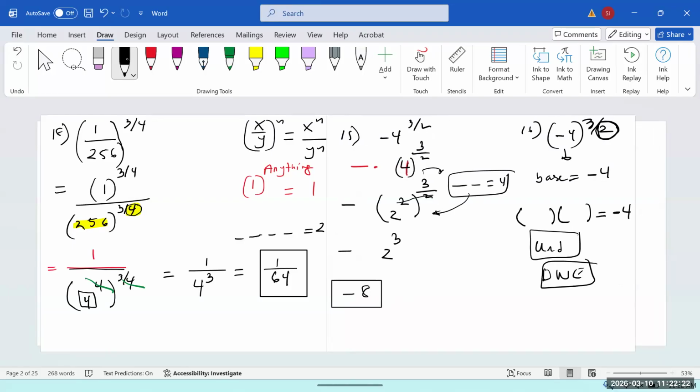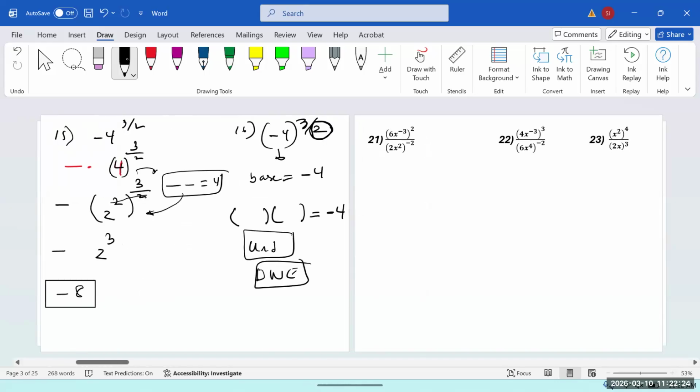Then we have this type of question where we have multiple powers, multiple numbers, everything. So definitely one of these. 23 is too easy, so it will not be in the exam. You'll see either 21 or 22, one of these types. And they both are the same. Do you remember what we do first?